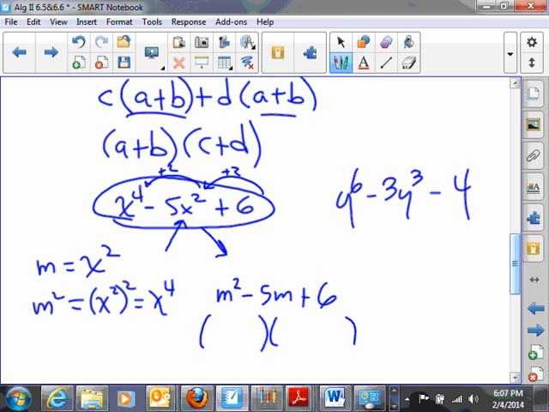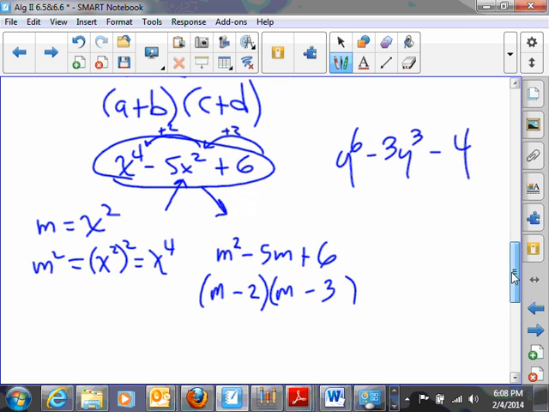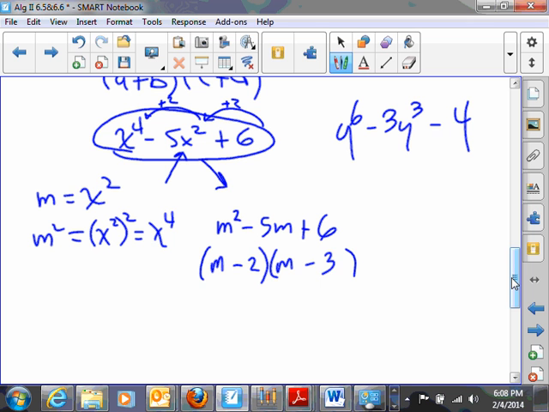We would have an m here and an m here, and then we ask what 2 numbers multiply to give 6 and add to give negative 5, and that would be negative 2 and negative 3. And so we'd have m minus 2 times m minus 3. Now, some care has to be taken here because nobody cares about m. That wasn't the job we were hired to do.